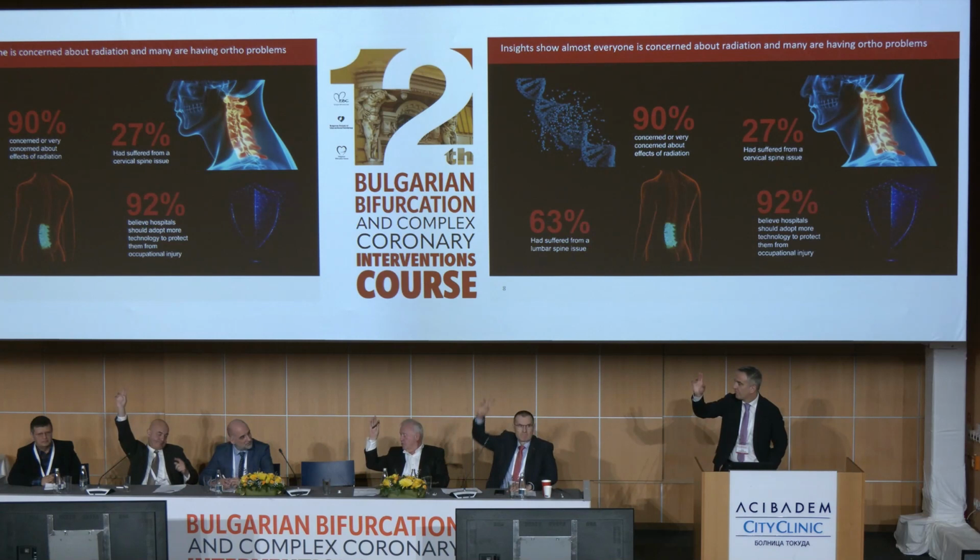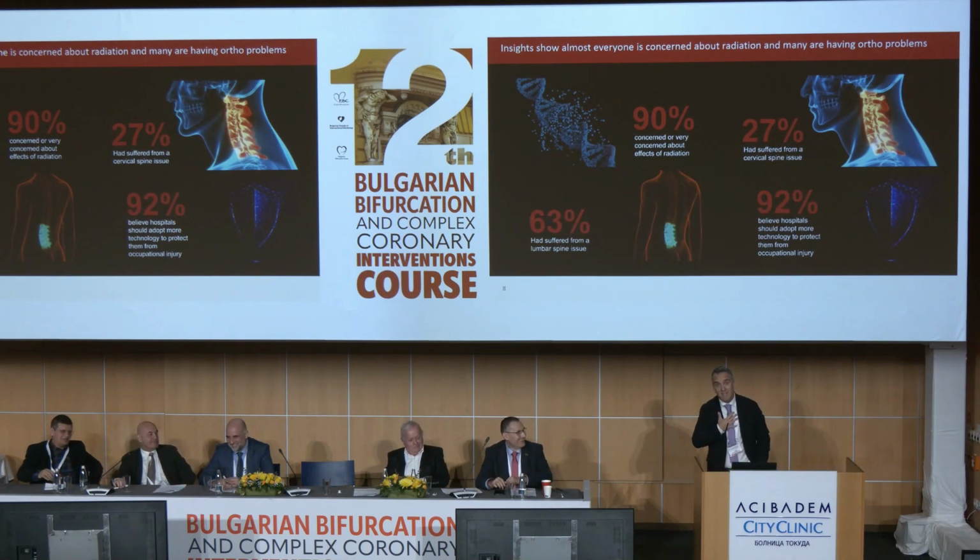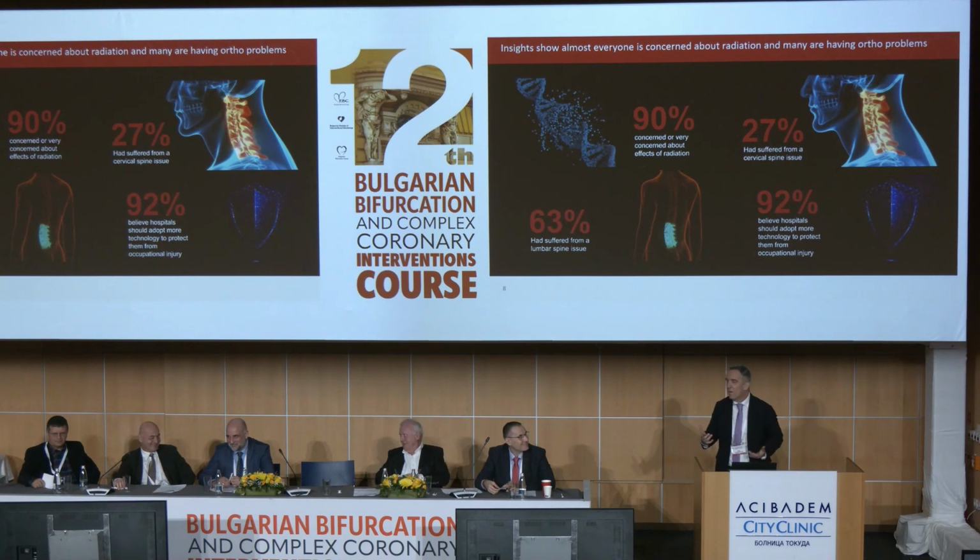Me too. I'm still young, as I consider myself relatively young, but I had spine issues 5 or 6 years ago. And you know how much the apron weighs? The average weight of a lead apron is 10 kilos.